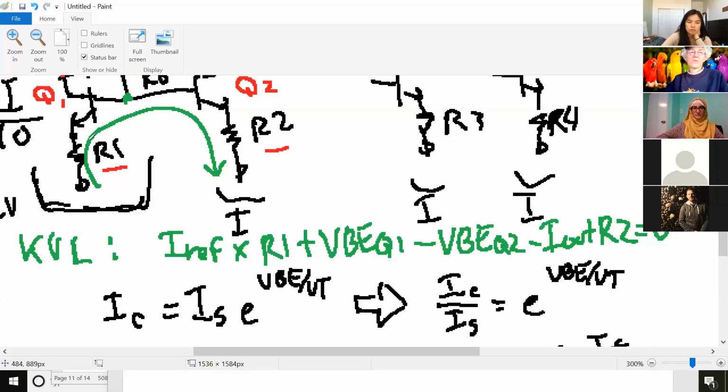So when you're using a KVL where you're messing with the emitter voltage, this R1 will change the emitter voltage. You have to use a much more exact VBE equation. You can't just say VBE on. In other words, when you have a resistor that's messing with the emitter voltage, you want to use the more exact VBE equation.